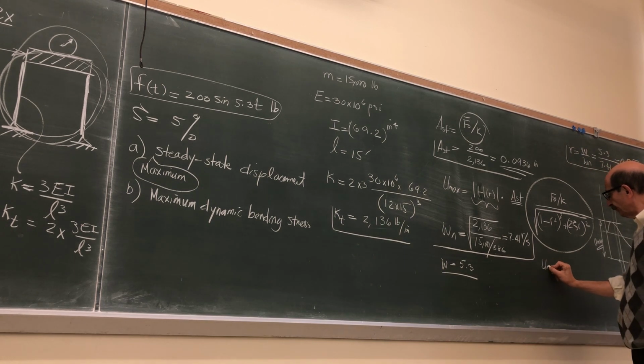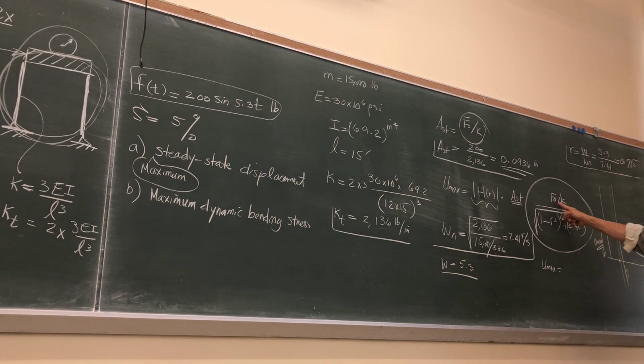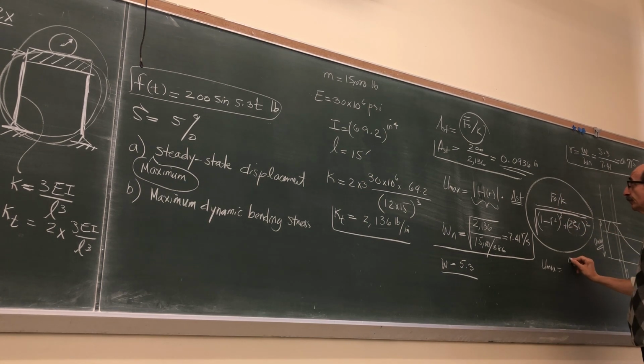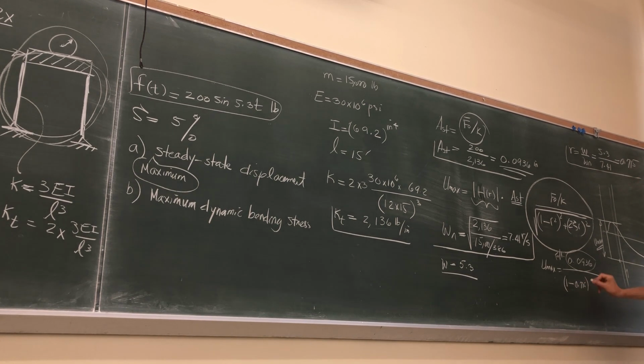We'll just substitute in here. We have 0.0936, which is F0 over K, divided by the square root of the whole thing: 1 minus 0.715 squared, plus 2 times zeta, 0.05, times the R value, 0.715, squared.